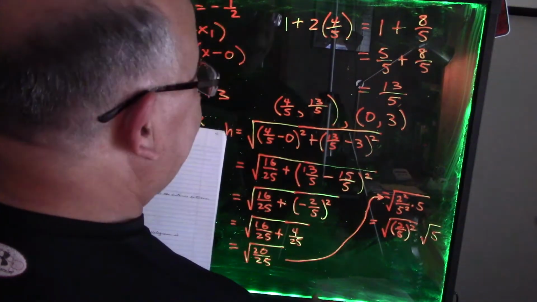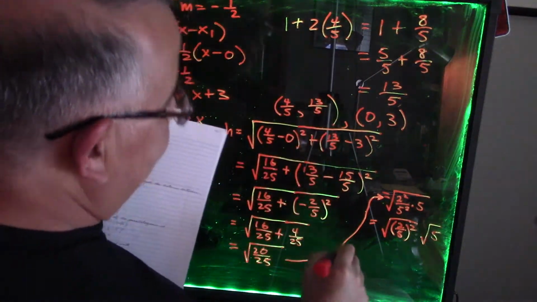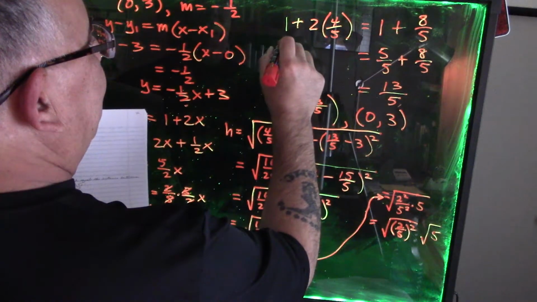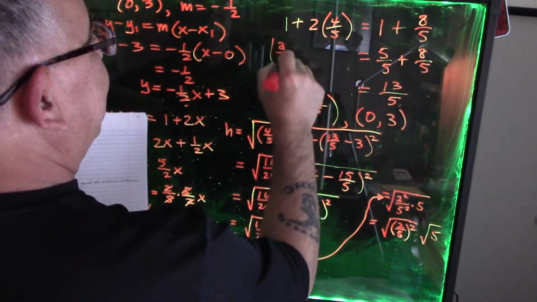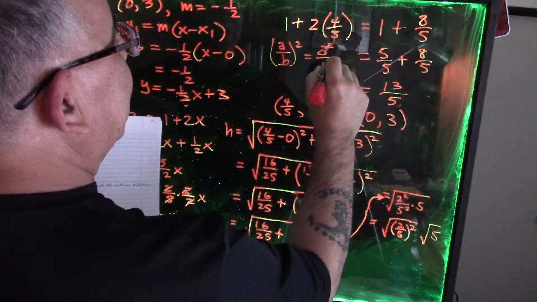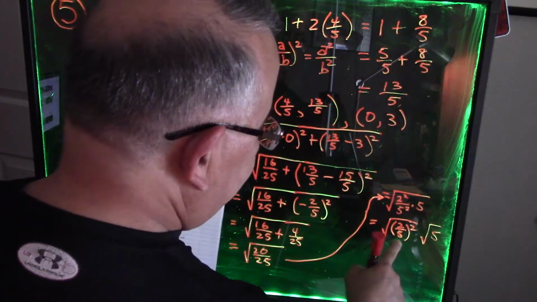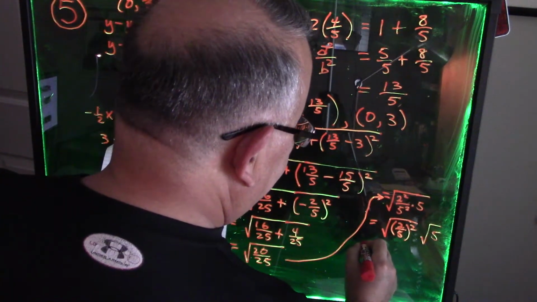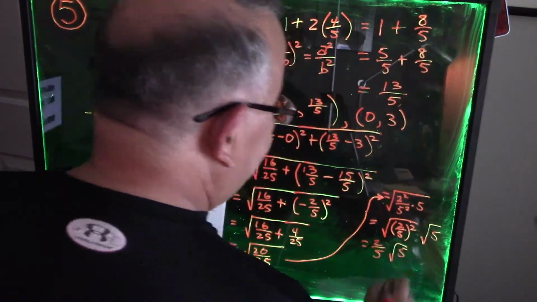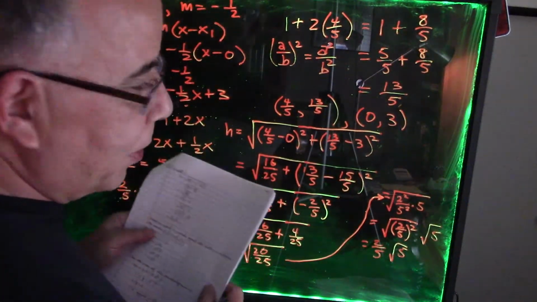That comes from the rule: A over B in parentheses squared equals A squared over B squared. So the square root of 2/5 squared is just 2/5. So that's 2/5 square root of 5. Alright, there you go. That's h. 2/5 times the square root of 5.